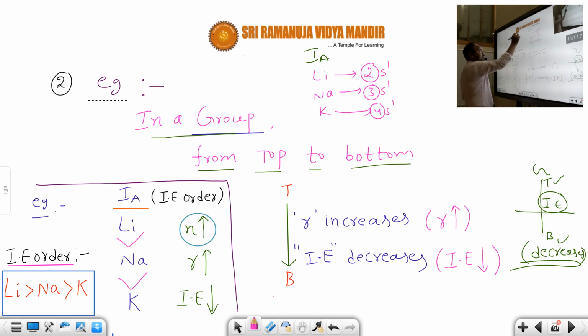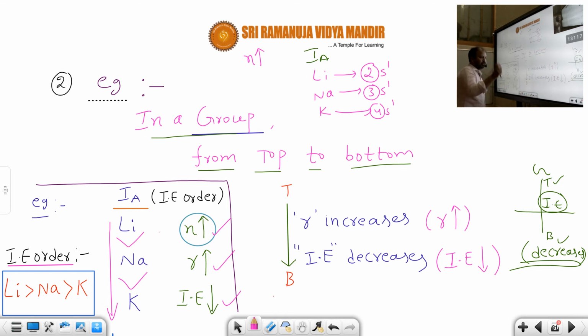Whenever orbit number increases, distance increases, so radius increases. We know that atomic radius is inversely proportional to ionization energy. So as atomic radius increases, ionization energy decreases. So for lithium, sodium, potassium, from top to bottom along the group, ionization energy values decrease.